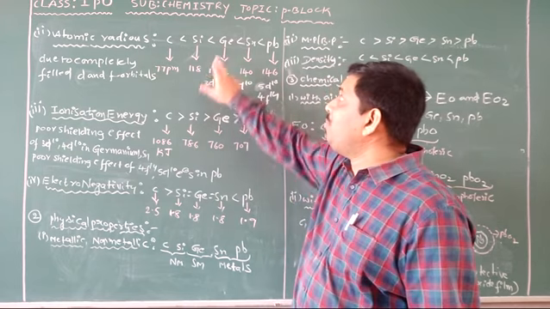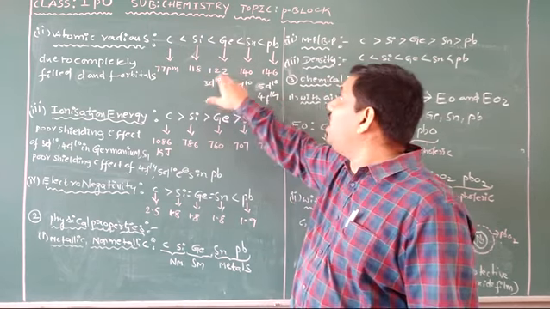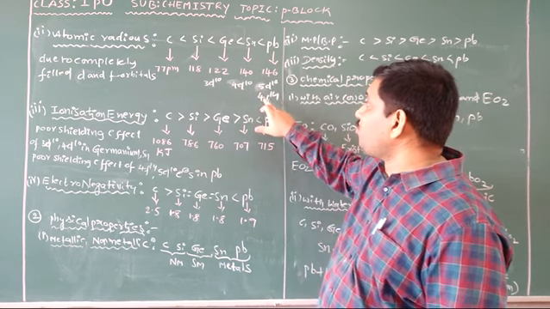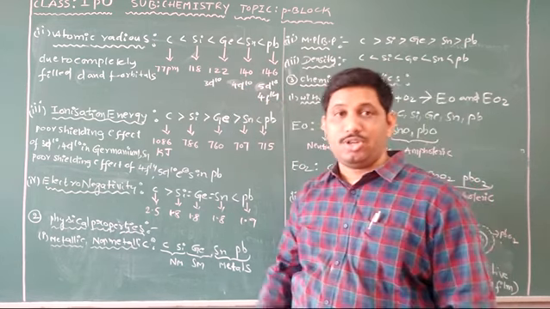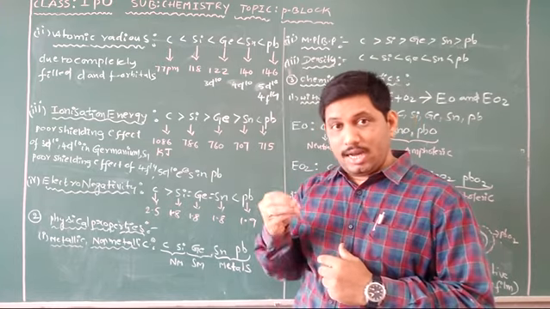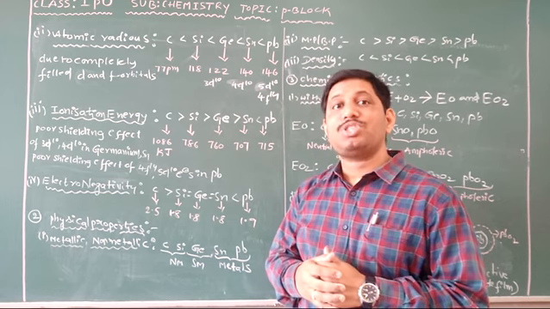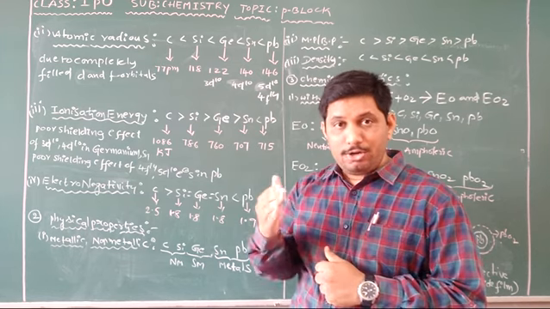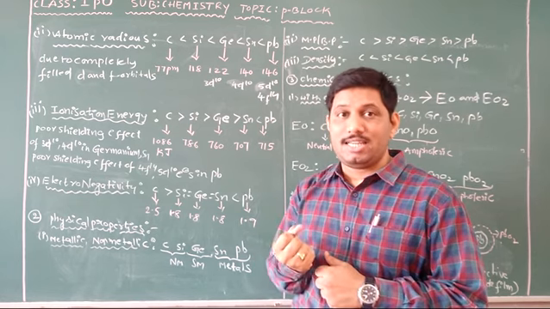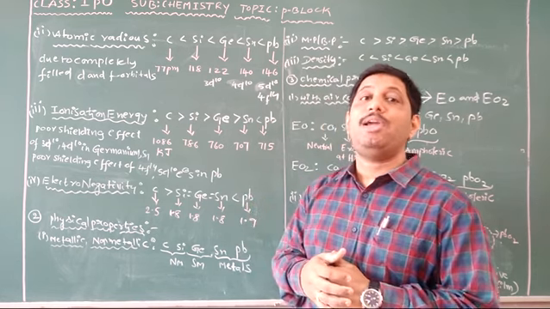We know that germanium contains 3d10, tin contains 4d10, and lead contains 4f14 and 5d10 orbitals. Due to the presence of completely filled orbitals, these orbitals can act as a poor screening effect. Due to poor screening effect, the nucleus attracts the valence shell towards itself. Hence, the atomic radius decreases.